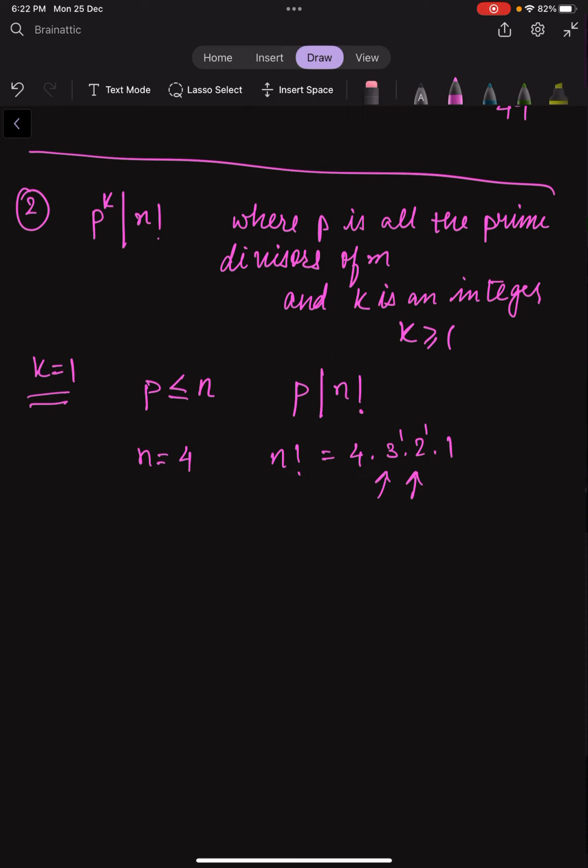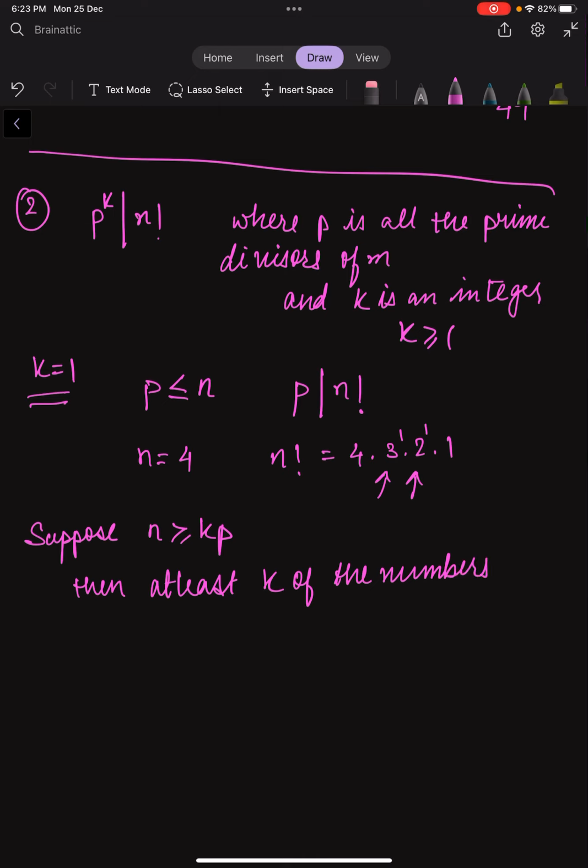Now suppose k is... n is greater than or equal to kp, then at least k of the numbers from 1 to n are multiples of p.